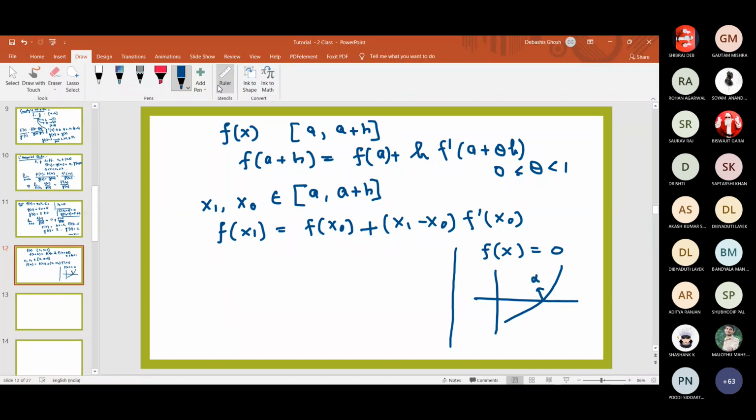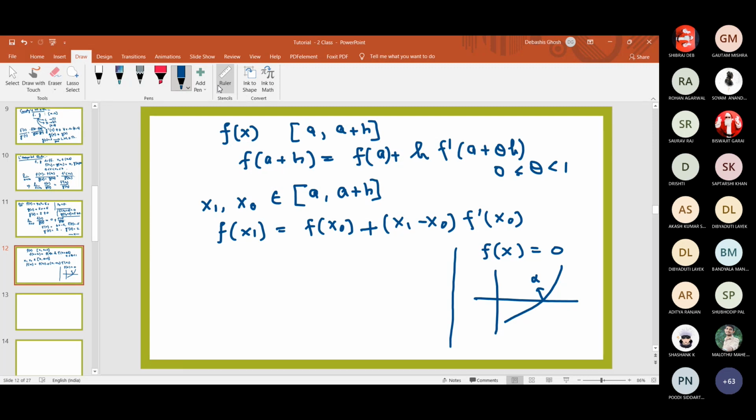But for some graphs we cannot directly find the values, so for that we need to take help of approximation. For that approximation we have the initial approximation, that is the value x0. So we can apply the mean value theorem to get the next approximation, that is x1.